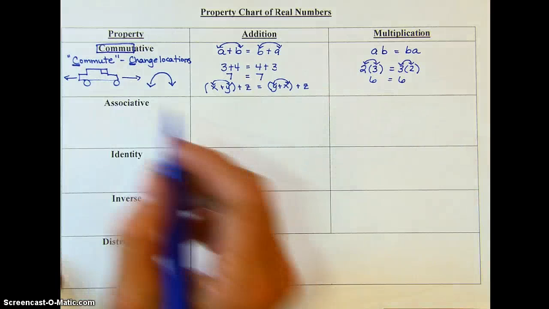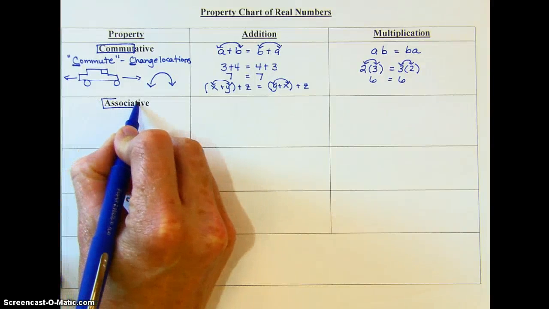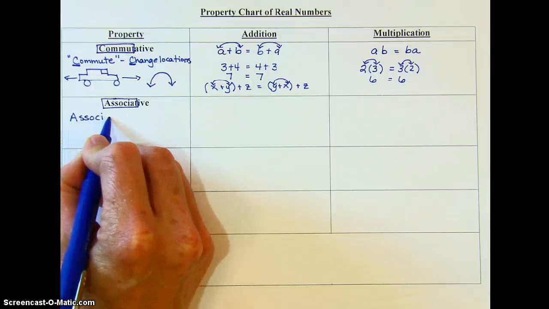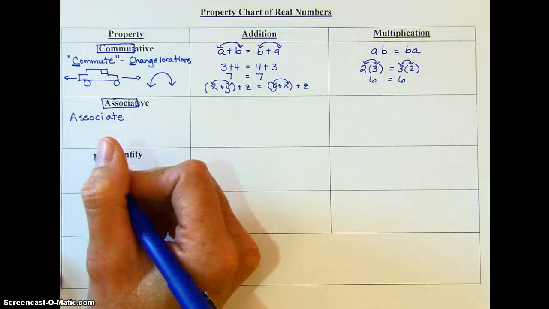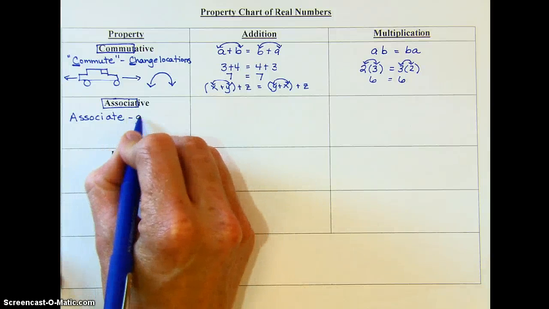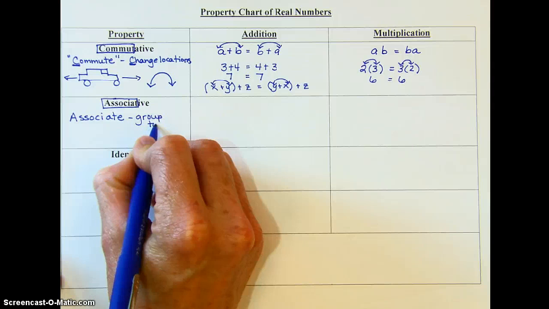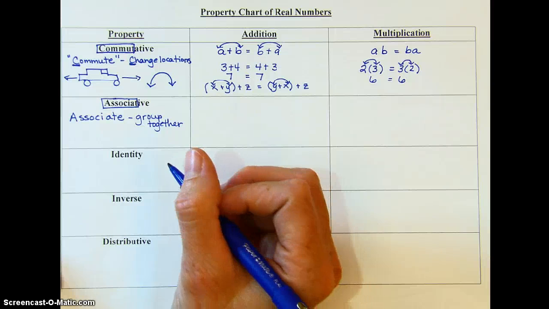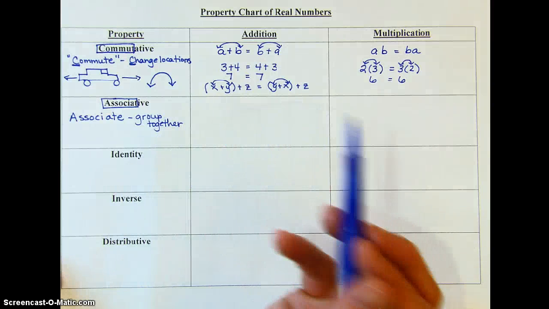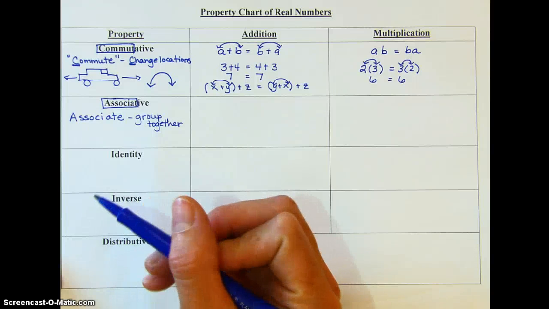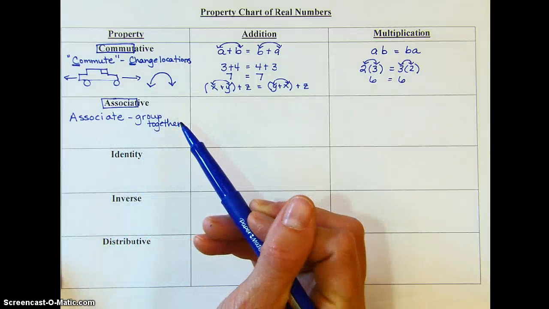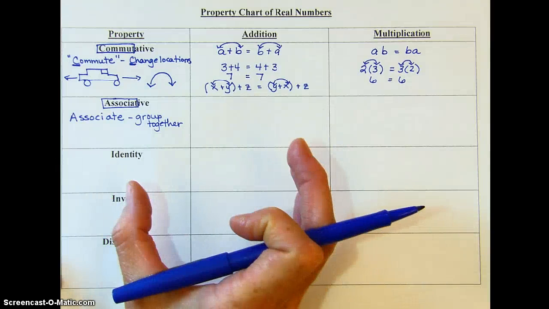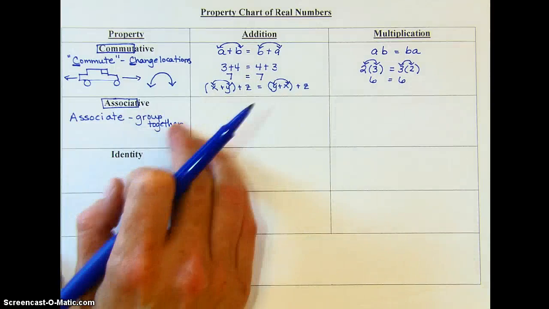Now, associative property of addition and associative property of multiplication. The root word in associative, if you look here, is you can almost get the word associate. Now, that word means a group together. If you've ever been to the dentist office and it will say the dentist name and associates, or a lawyer's office, the lawyer's name and associates, what that means is it is a group of dentists or a group of lawyers together and they're grouped.